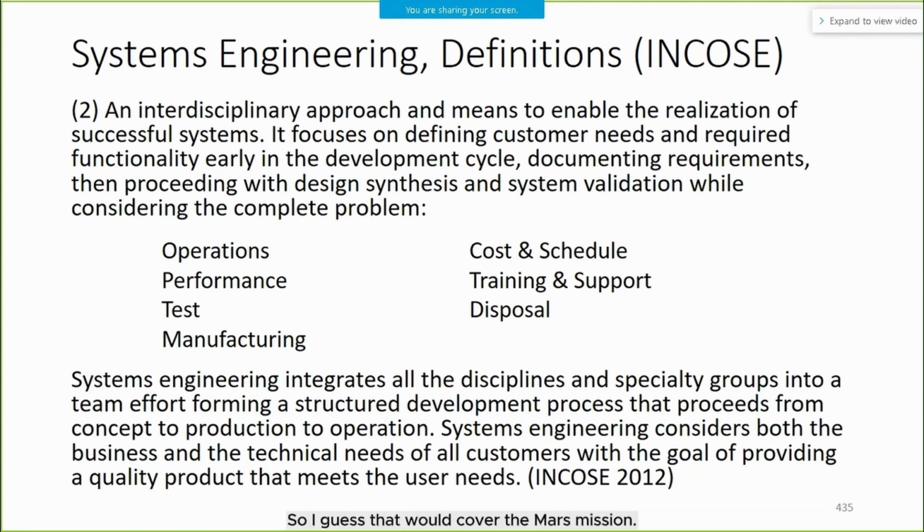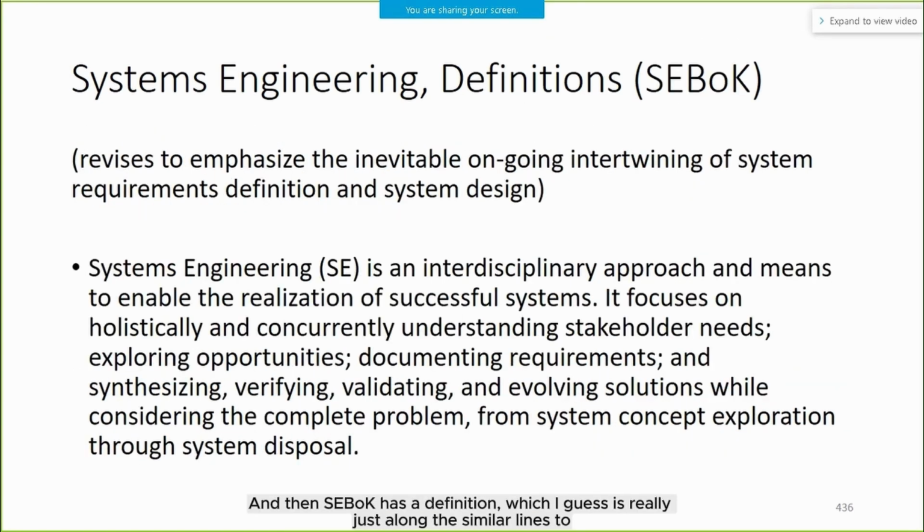So I guess that would cover the Mars mission. And then Sillitto has a definition, which I guess is really just along similar lines to the one that we just saw.